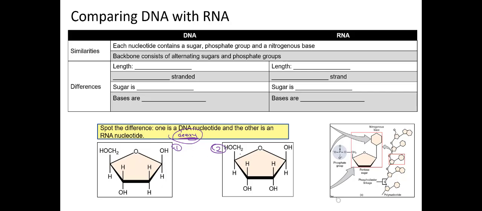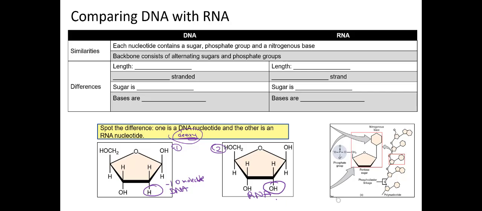So if you look at these two, the only difference is this portion of the molecule over here. And you can see that this is minus one oxygen molecule. So this is DNA and this is RNA, right? Because it's got one less oxygen molecule. That's the difference. But a little difference on one molecule will lead to huge differences in their function.